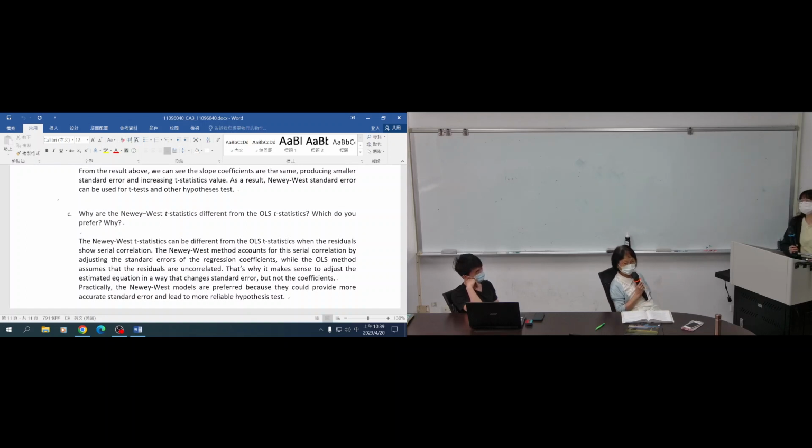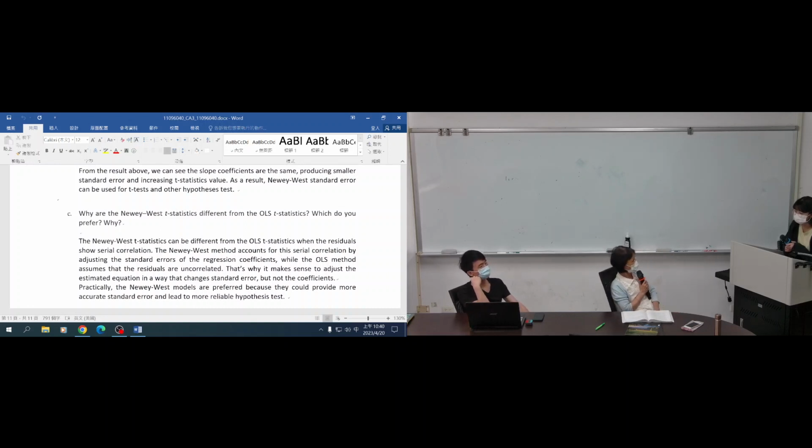In the heteroscedasticity problems, White proposes that since OLS is still an unbiased estimator of the coefficients, we don't have to change the value of the estimator.